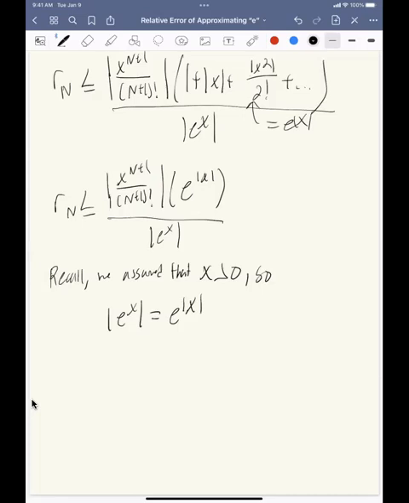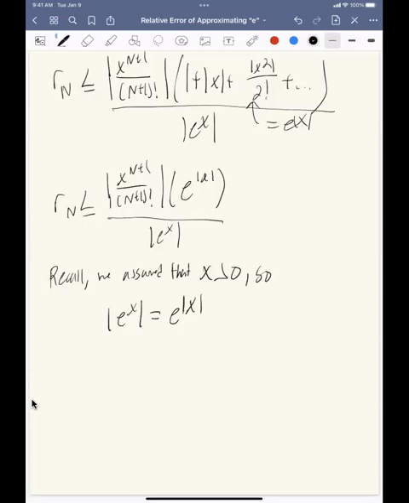You can check this for yourself. It's quite intuitive though. The absolute value of e to the x will always be equal to e raised to the absolute value of x when x is greater than 0. You could check this graphically if you'd like. It's probably the best way. Or you could just intuitively think about it.